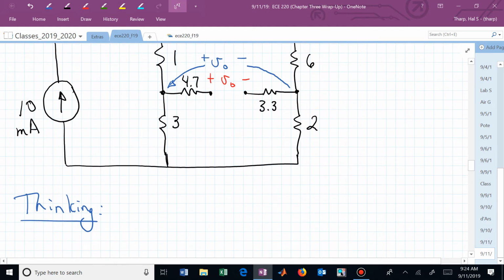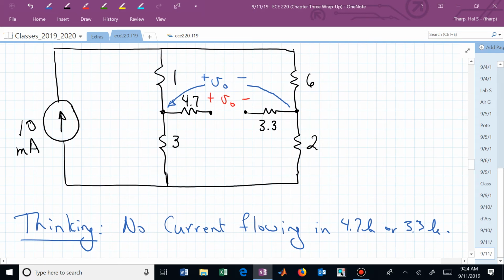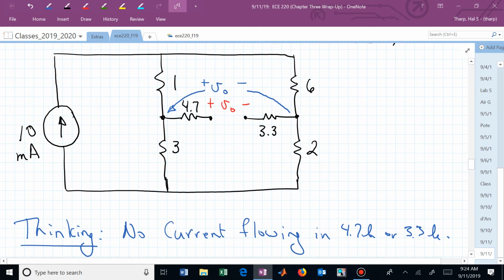There's no current. First, I hope we learn that there's no current flowing in 4.7K or 3.3K. Now we want to know, is our circuit balanced? If it is, then we know what V0 is.